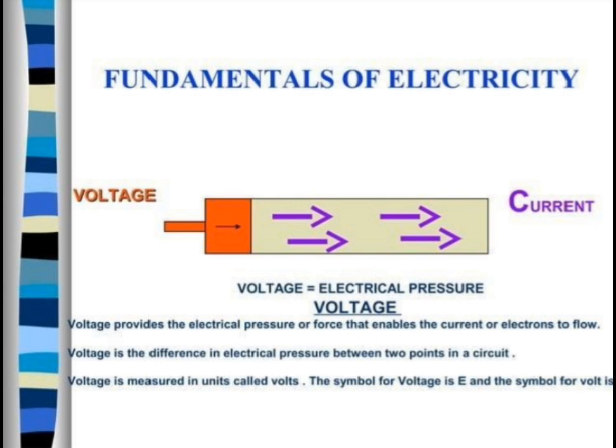When we say voltage, it provides the electrical pressure or force that enables the current or electrons to flow. It is the difference in electrical pressure between 2 points in a circuit. It is also measured in units called volts, and the symbol for voltage is capital letter E.